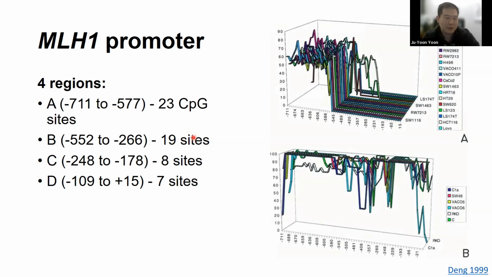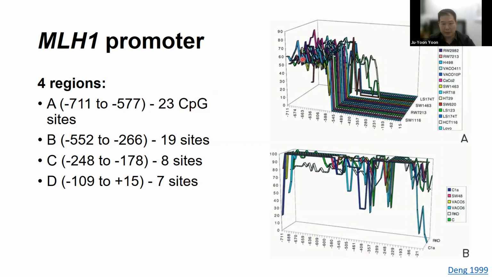Another consideration with respect to MLH1 promoter methylation is regions. Some assays are very region specific and narrow in terms of regions assayed. We can arbitrarily divide the MLH1 promoter into 4 different regions with different numbers of CpG sites.